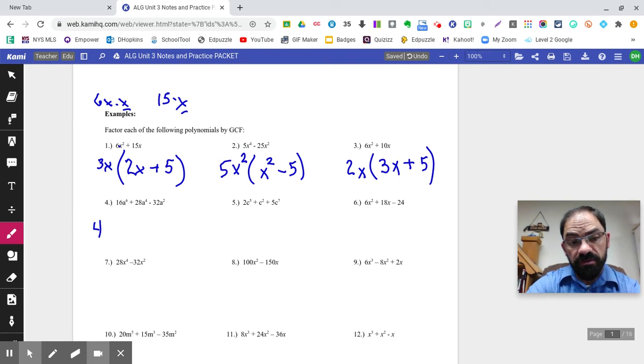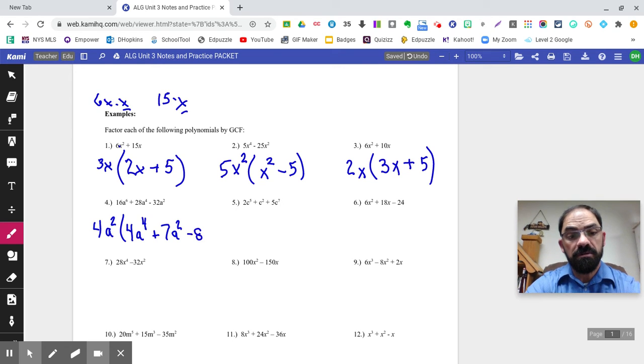I take the one with the smallest exponent. So here we go. 16 divided by 4 is 4. 6 minus 2 is a to the 4th. 28 divided by 4 is 7. 4 minus 2, and 32 divided by 4. And then a squared divided by a squared is 1.